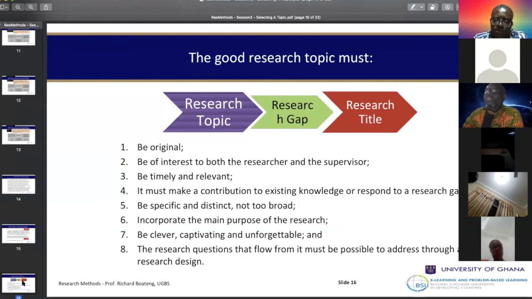or the angle or the perspective of the topic you want to look into, and then the population, and then the context. So Prof. Abbas' work was on corporate governance and financing decisions of Ghanaian listed firms.